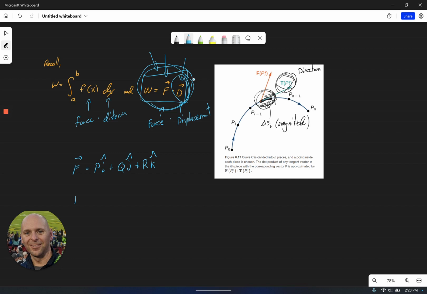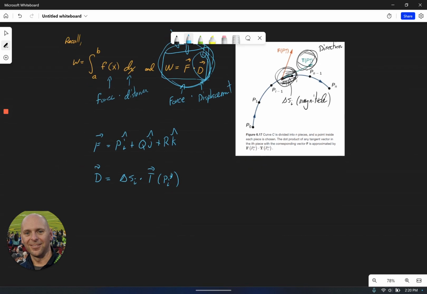So let's get that put together. So again, we're using the delta Si as the magnitude on some subinterval, and we're going to use the tangent, the unit tangent particularly, at a sample point, Pi star, to indicate the direction. So we've got both direction and magnitude now, so I can piece together our work formula here for one of these little tiny segments.